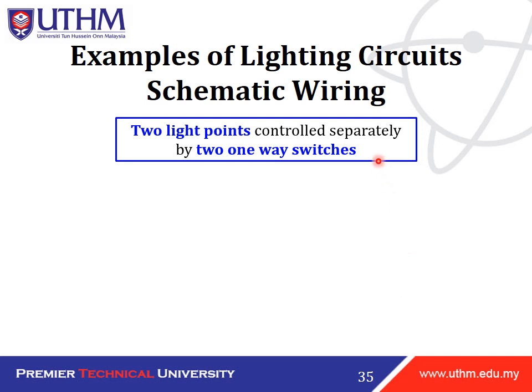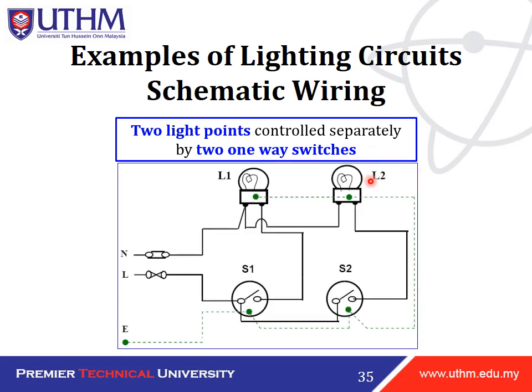Okay, we also have a lighting circuit that consists of two light points controlled separately by two one-way switches. Okay, this is the circuit. We can see that we have two light points, L1 and L2, controlled by two one-way switches, S1 and S2.